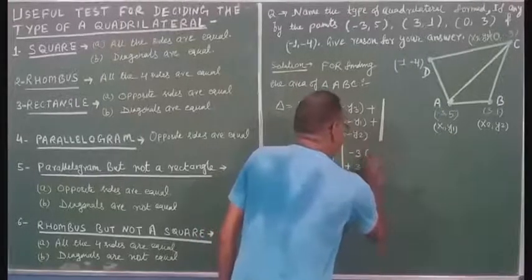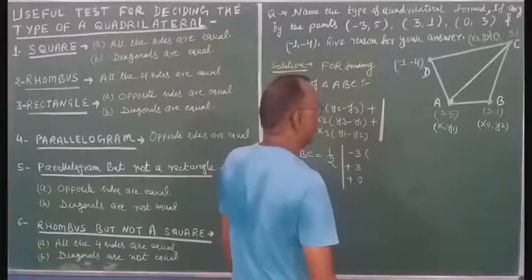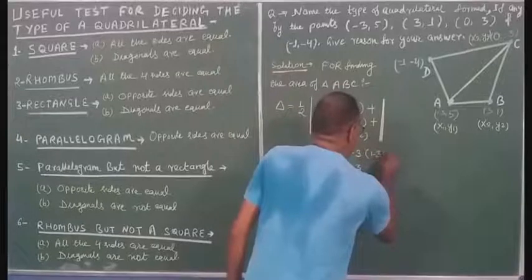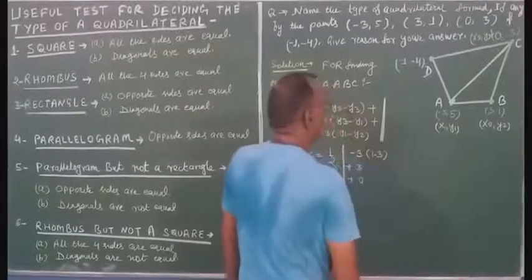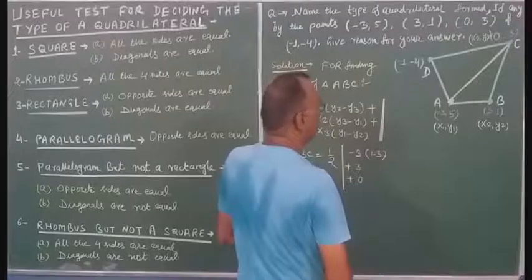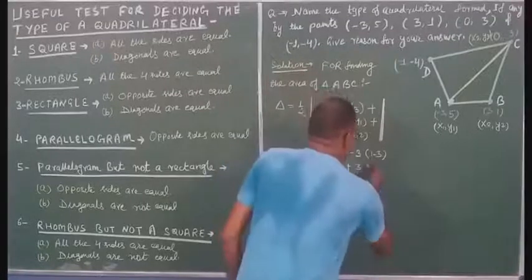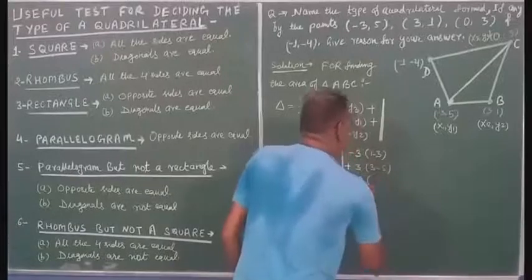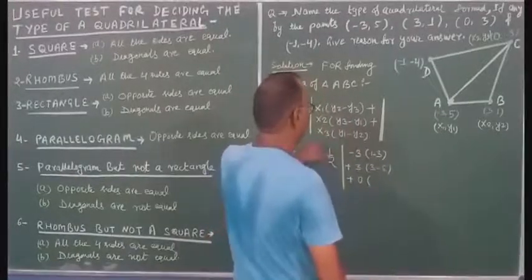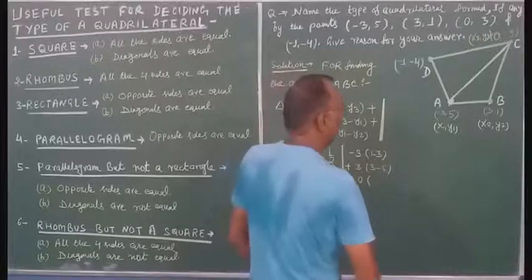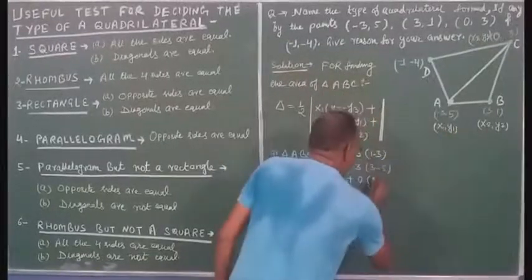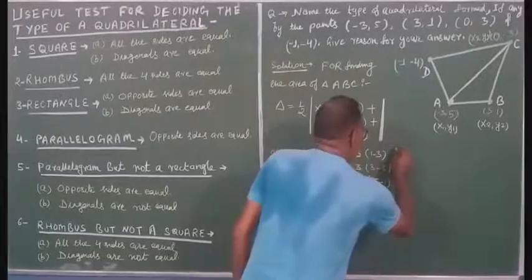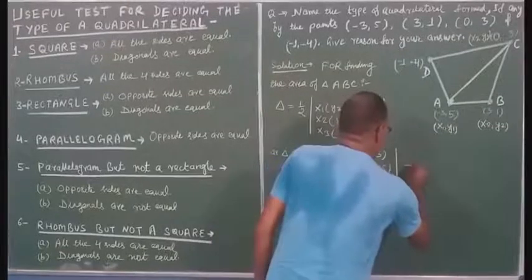Here y2 minus y3: y2 is 1 minus 3, plus y3 minus y1, 3 minus 5, and x3 times y1 minus y2, that is 5 minus 1.